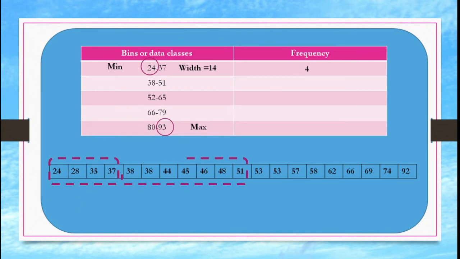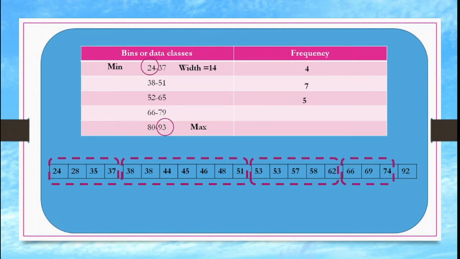So we will write 4 in the frequency table. Then we will see 38 to 51, how many data are falling? Yes, 7 data are falling in this category. So we'll write it in the frequency table. Again we will find out 52 to 65. Now you can see how many data. Yes, there are 5, so we'll write 5 there. Now 66 to 79 we will find out.